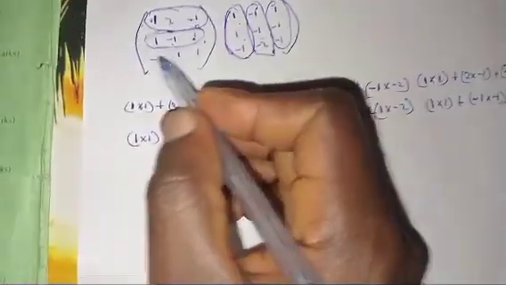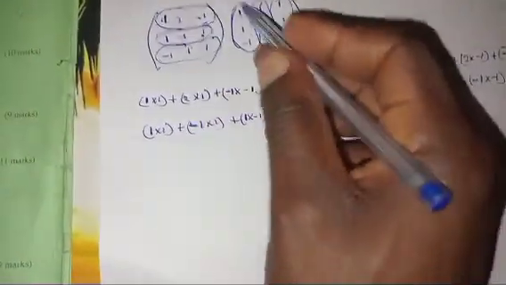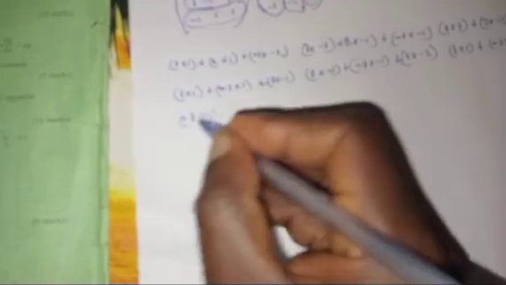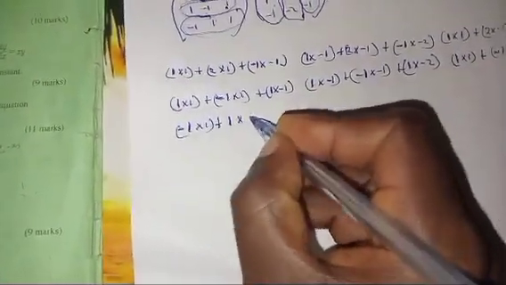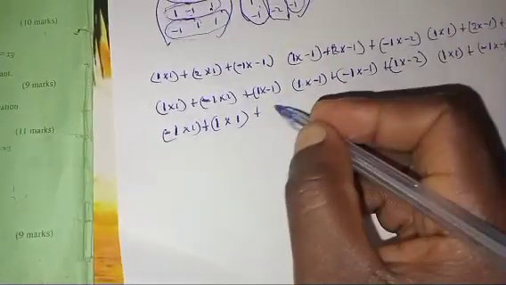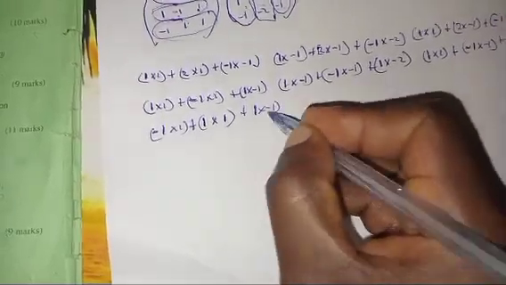You come to this one again, you do the same, this and this. First here, negative 1 times 1 plus 1 times 1 plus 1 times negative 1.